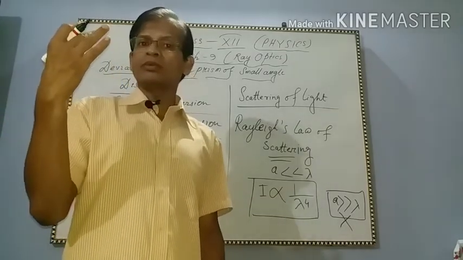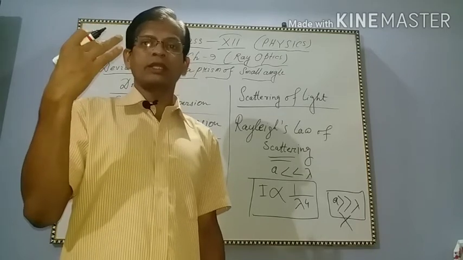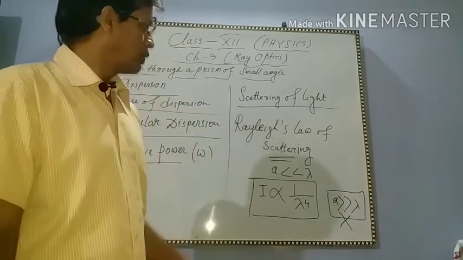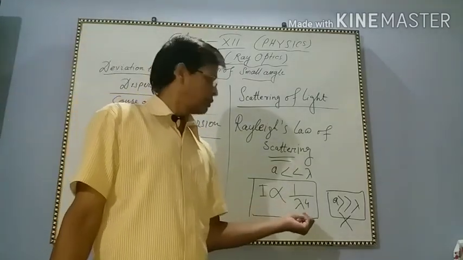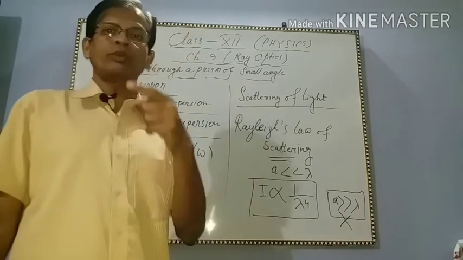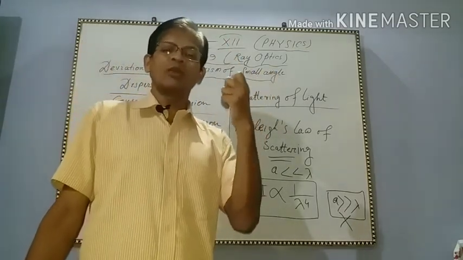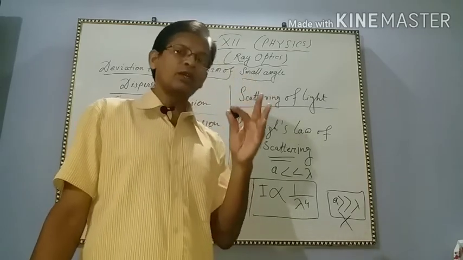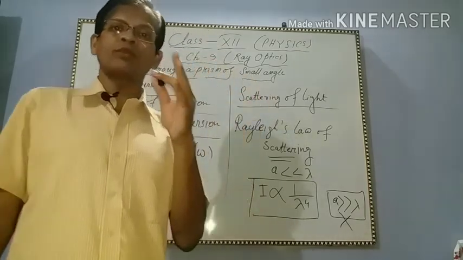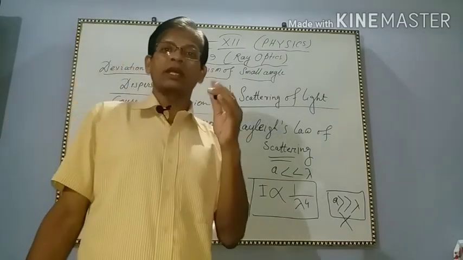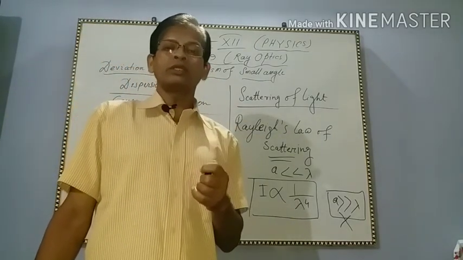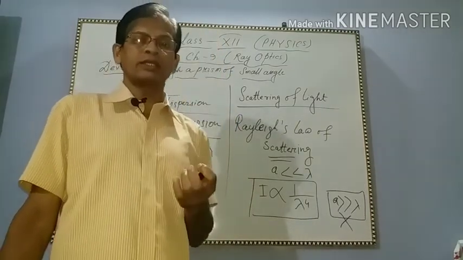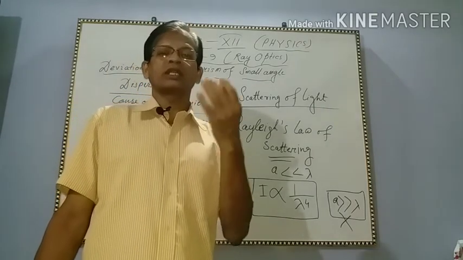The wavelength of blue light is nearly half the wavelength of red, so the scattering of blue light will be 2 to the power 4 times, that means 16 times more than the scattering of red light. Due to this, blue light comes to our eyes and we see the sky as blue.